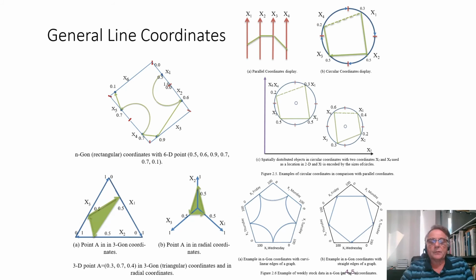Another example of general line coordinates is when coordinates are located on the sides of a rectangle. The first coordinate is here, second is here, third, fourth, and so on, and those curves represent each particular point. Then we can use so-called circular coordinates, where coordinates are curvy.